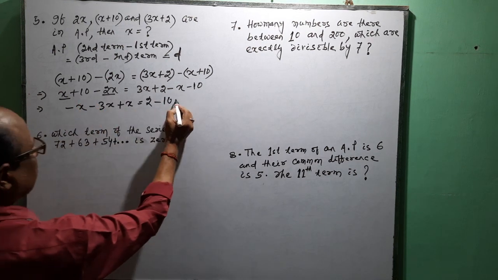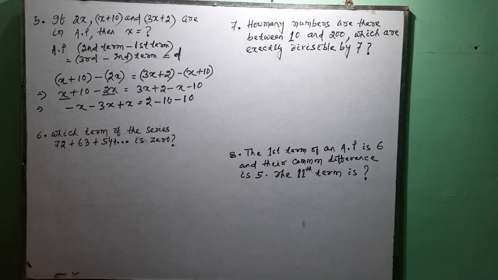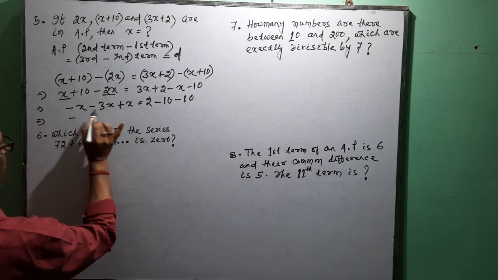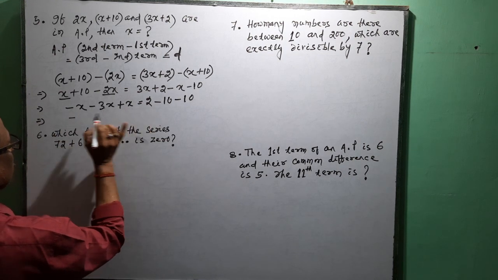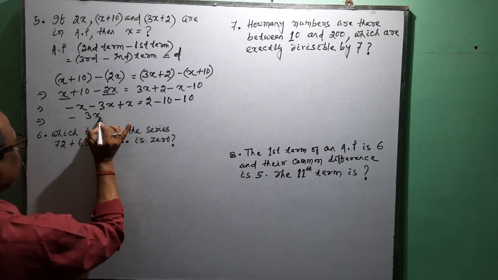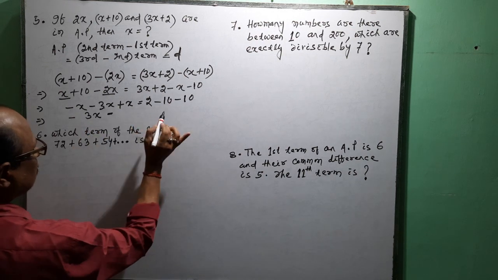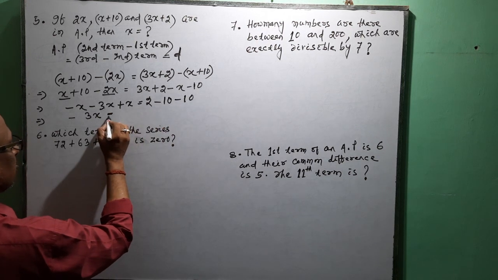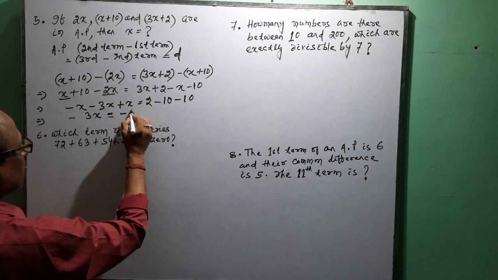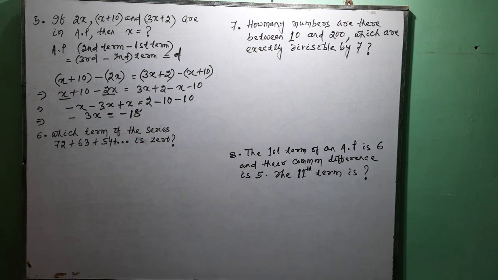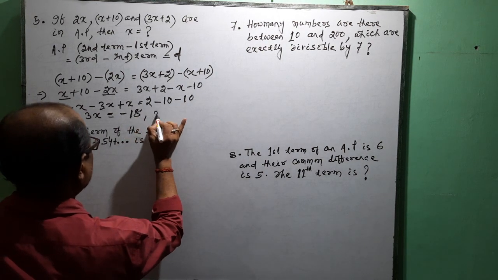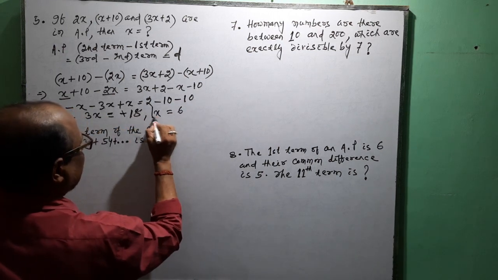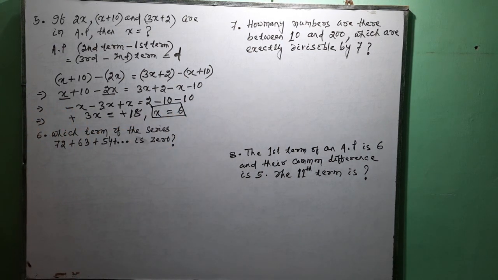So this implies minus 3x is equal to minus 10 minus 10 plus 2, that is minus 18. So x is 6, the minus signs cancel. This is the answer to what the question has asked.